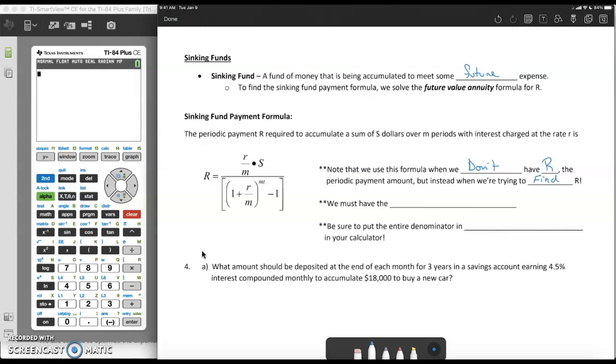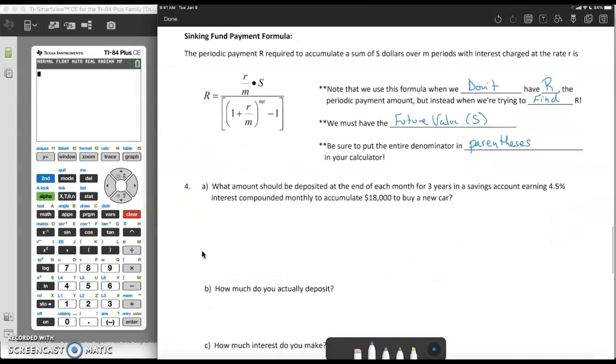In this case, we must have that future value amount, or that S amount. And be really careful when you're solving these that you put that entire denominator in parentheses in your calculator if you're using this format of the formula.